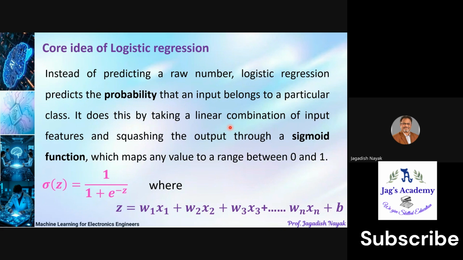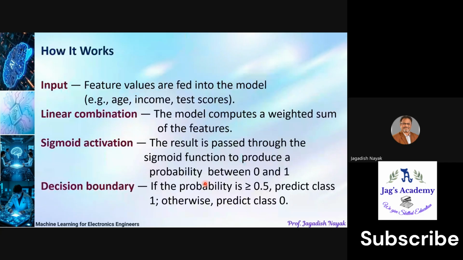It takes a linear combination of the input features itself, but instead of giving a continuous raw number, it uses a sigmoid function, which maps the output to between 0 and 1, a probabilistic value. It then uses that to decide whether these features belong to one class or the other. That is what is called logistic regression.